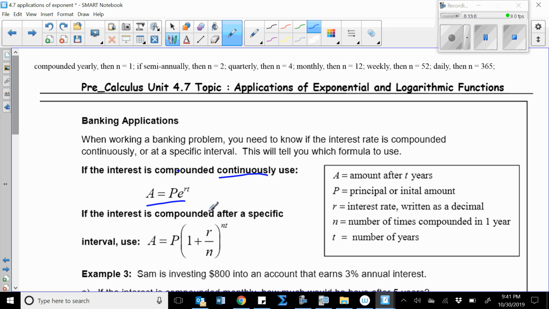But sometimes the interest is compounded after a specific interval. In this case, we're going to use this formula. A is the final amount, P is the initial amount, R is the rate, and T is the time. The only difference here is the value of N. N is the number of times that our money is compounded in 1 year.